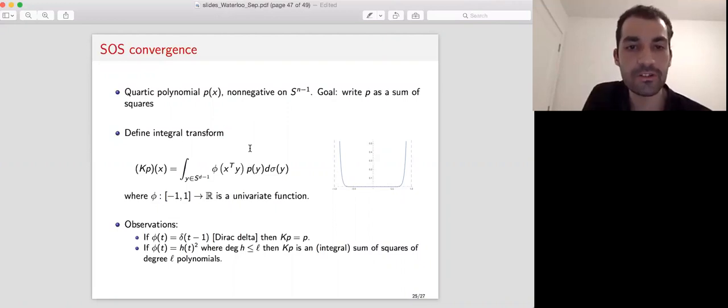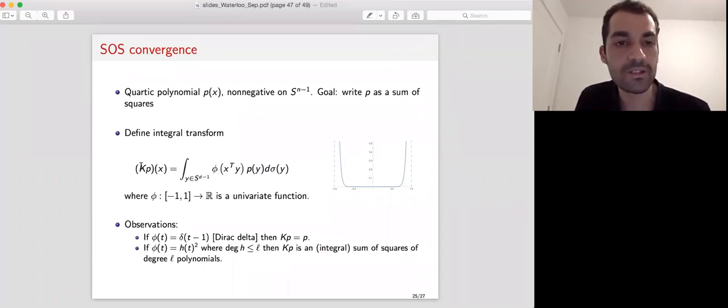The second observation is that if my function phi of t is a square, so let's say it's h of t squared, where h is a degree L polynomial, then Kp is actually going to be an infinite sum of squares, because p is nonnegative and these guys are squares.